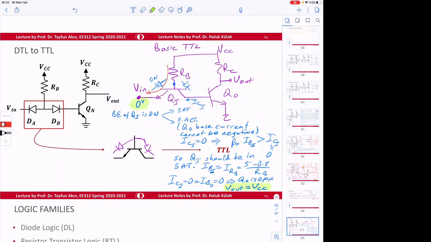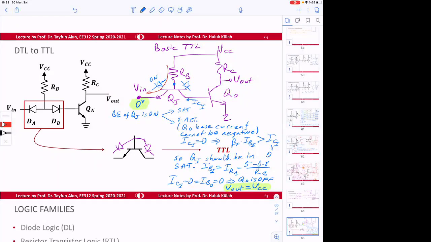So it is an inverter. Is that okay? Yes. Okay. So one extreme we already determined.